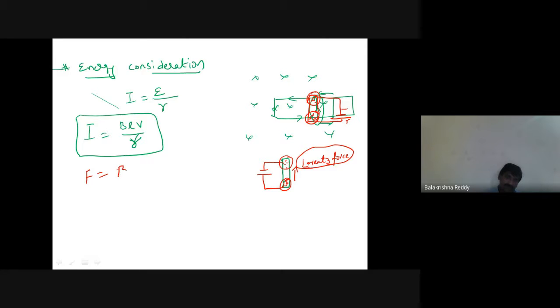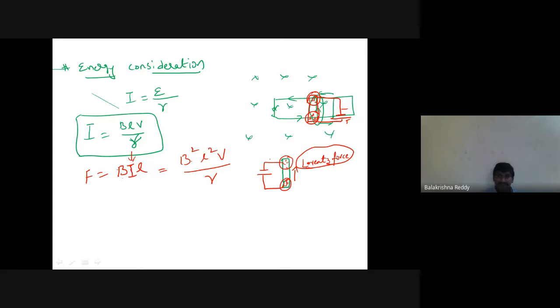Here the current I in the motional EMF of the loop or conductor, multiplied with the magnetic field and the length of the conductor, gives BIL, called the Lorentz force F. If I substitute I equal to BLV by R, I get B squared L squared V by R. So this is the Lorentz force.